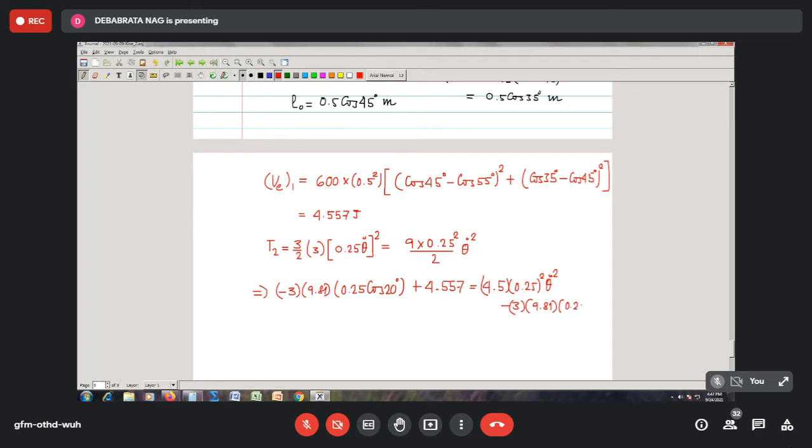My objective is to find out theta dot square. So you can say from here that it is 3 into 9.81 into 0.25 into 1 minus cos 20 degree, correct, plus 4.557.